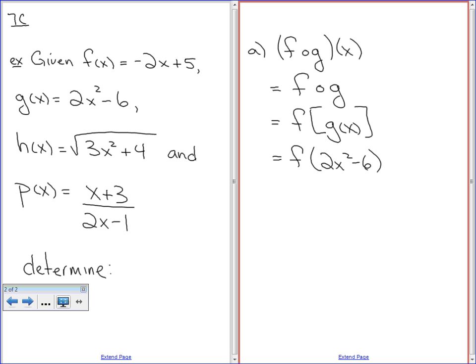Perfect. Okay, so I write down the f of x function, which is -2, but instead of writing x, I replace the x with what's inside of the bracket. Now it's a matter of expanding and simplifying.